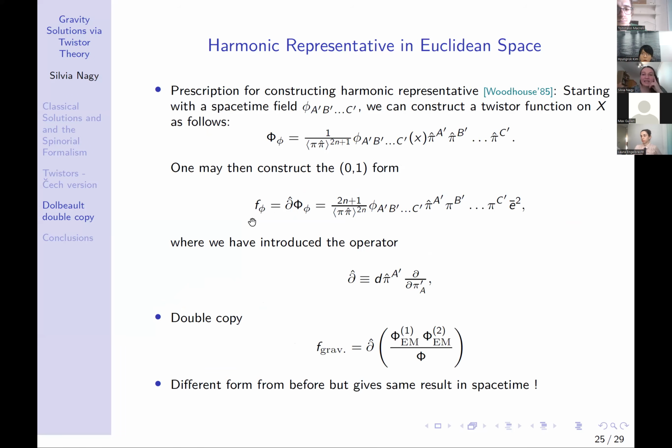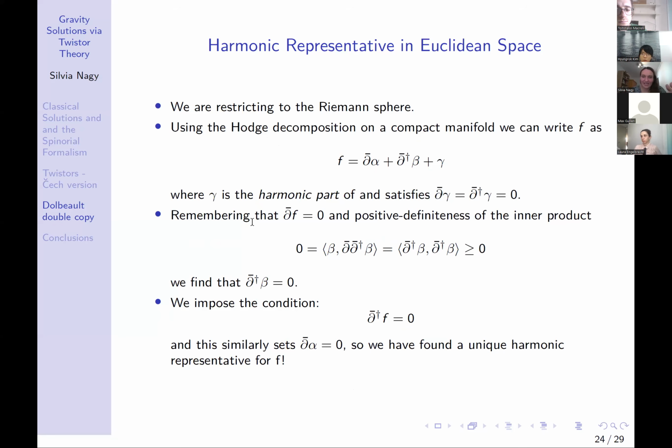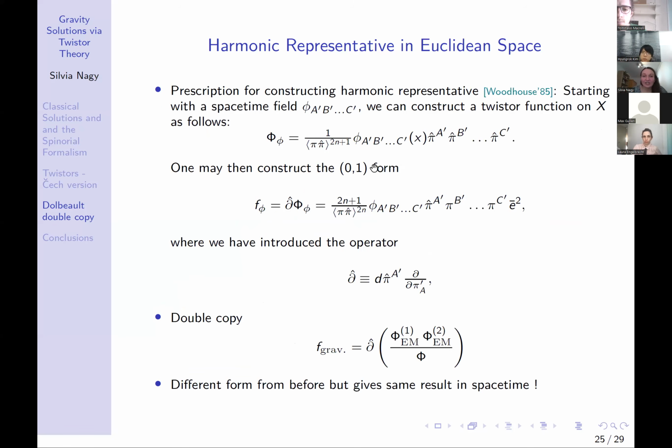Okay, so now we can actually be a bit more explicit. So this was very abstract. This was sort of just saying that in principle one can do it, but it turns out that one can actually do it explicitly. And this was the construction that we found in this old Twistor paper. Now the construction somehow goes the other way around. So actually we start with a space-time field itself, phi.